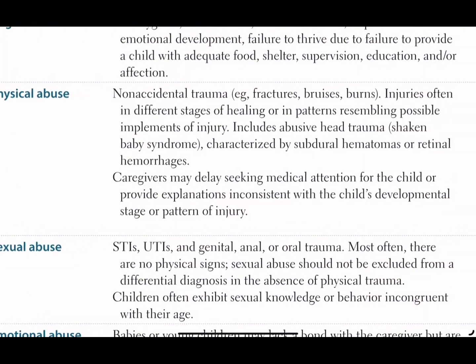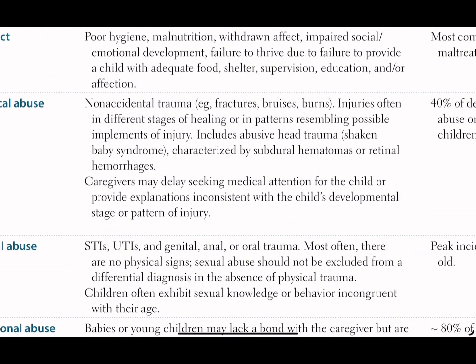Physical abuse, non-accidental trauma, such as fractures, bruises, burns, injuries, often in different stages of healing. This is a very characteristic presentation: injuries in different stages of healing or in a pattern resembling possible implements of injury. It includes abusive head trauma, shaken baby syndrome, characterized by subdural hematoma or retinal hemorrhages.